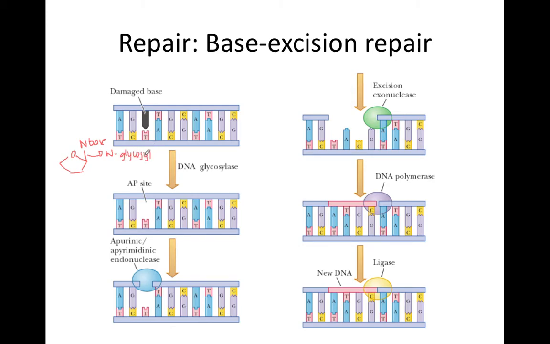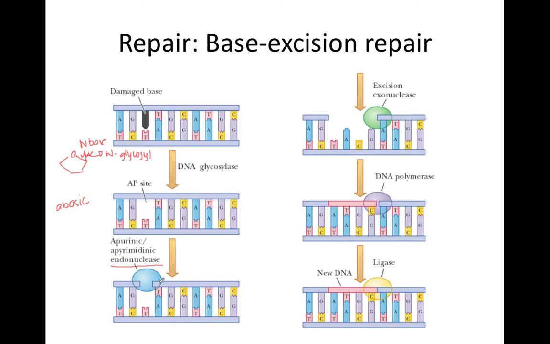So DNA glycosylase attacks this bond here and breaks it so that this base can be removed, leaving an apurinic or apyrimidinic site. Or a more general term would be to call it an abasic site because it does not contain a base. So in this case, an endonuclease comes in. So if you will remember, endo meaning inside and nuclease. So this enzyme cuts the DNA from the inside.